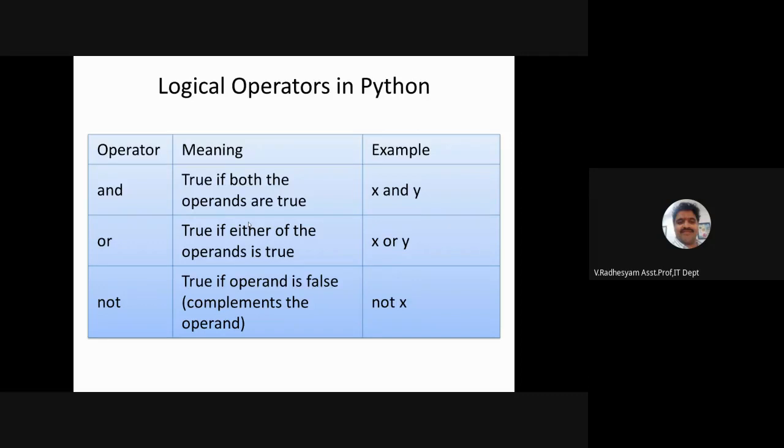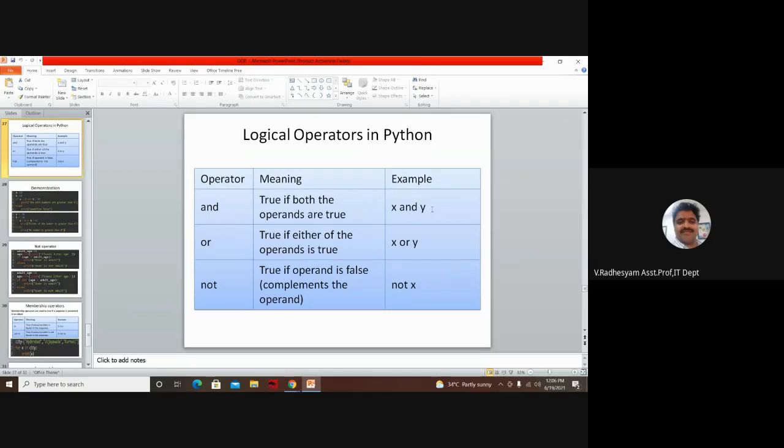What about these operators? Do these operators exist in C programming or C++ or anywhere? Please tell me. In C programming, we use symbols. Yes, sir.